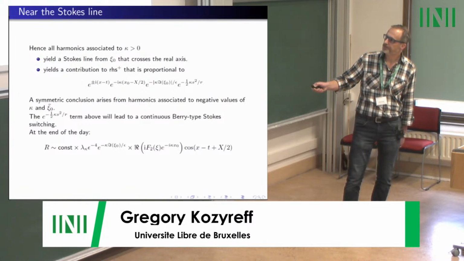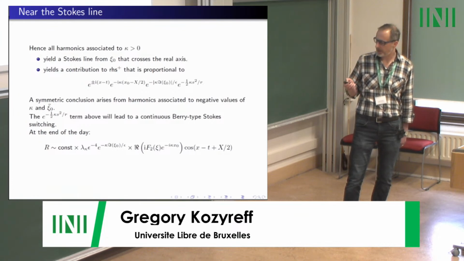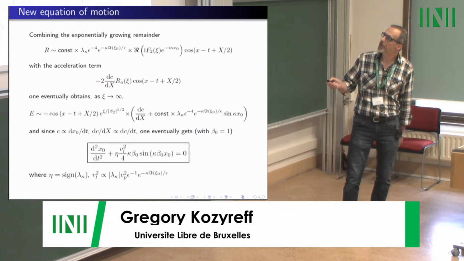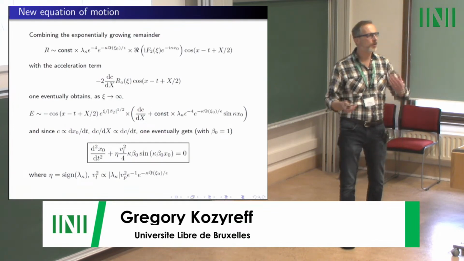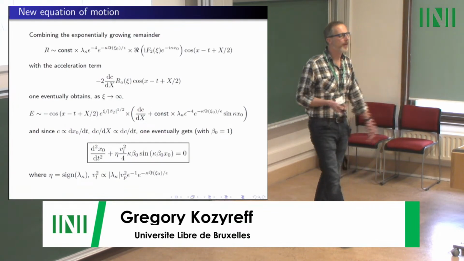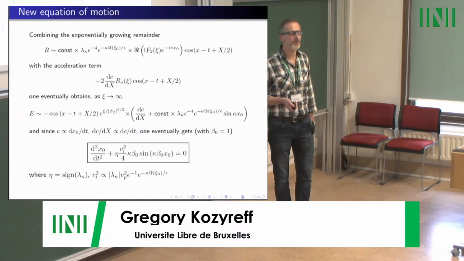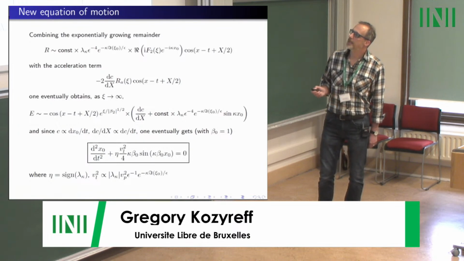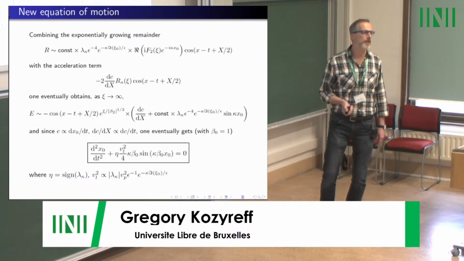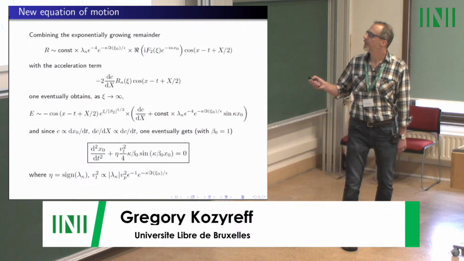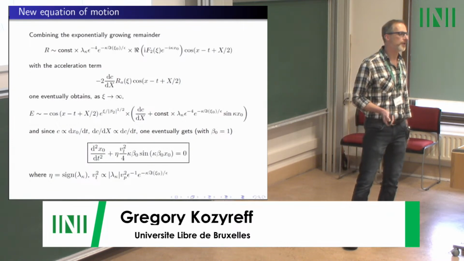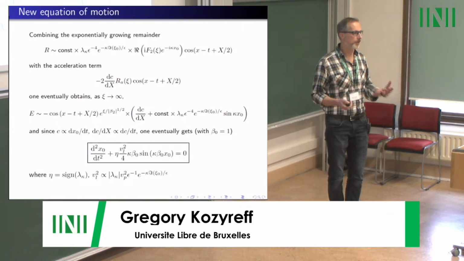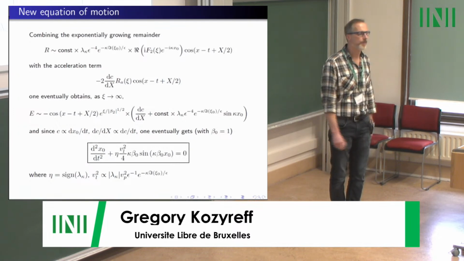small amplitude. And if you now combine this with the acceleration term, you put them together, then you find that beyond all orders, you have this extra contribution to the soliton solution that is of the following form. And since this is growing exponentially, this is unacceptable, and we have to set these terms between brackets equal to 0, and this is the equation of motion of your soliton.